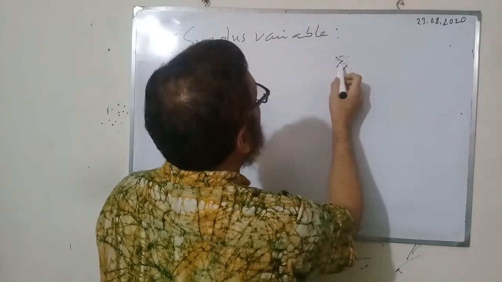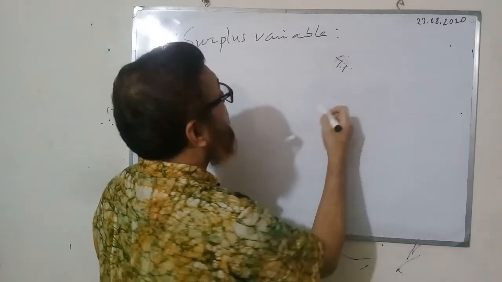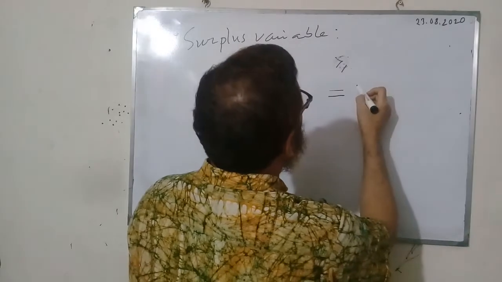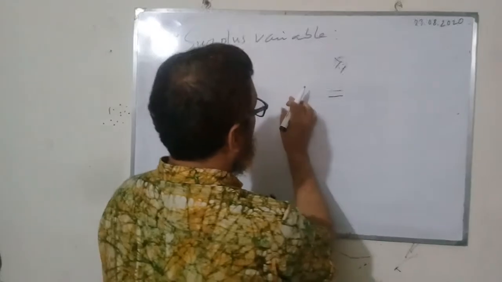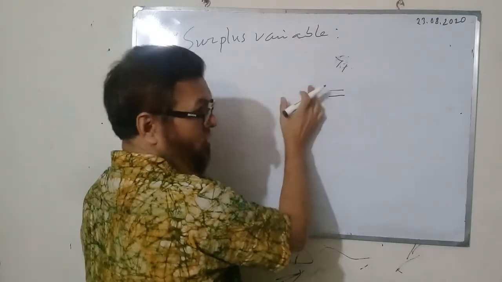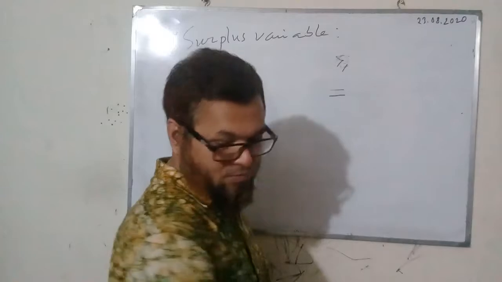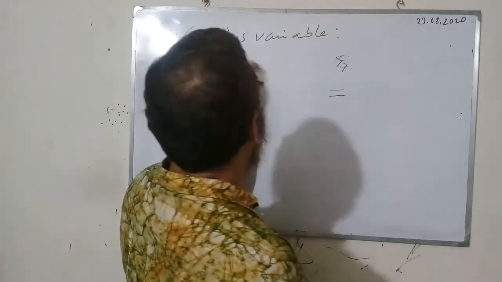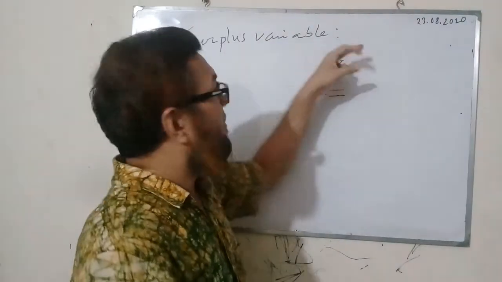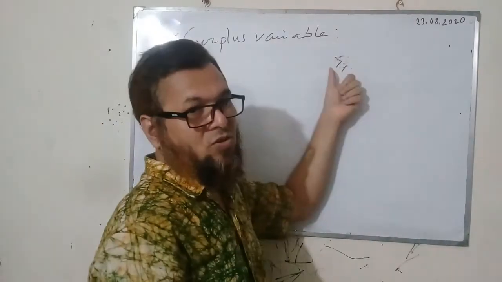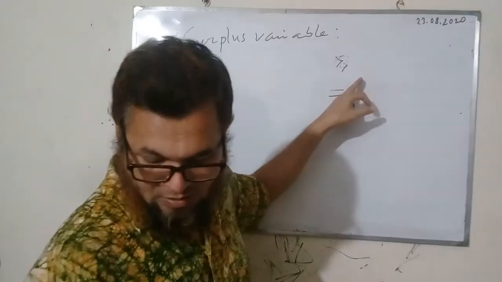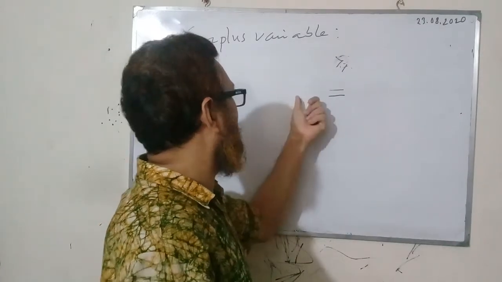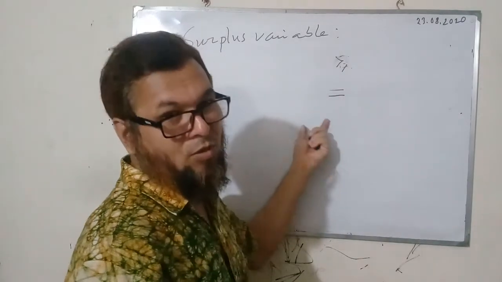When in LPP the constraints are greater or equal type, then we reduce it into equation form by subtracting variables from the left hand side of this equation.